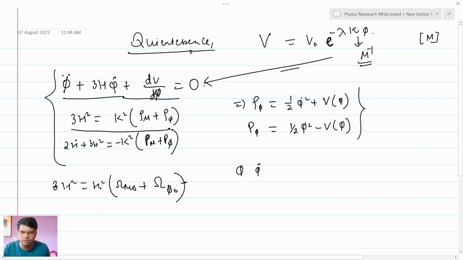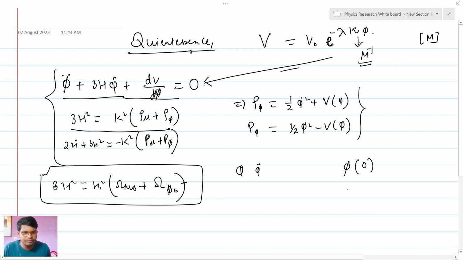With some kind of function, it will try to predict my H0. But the problem is that you have a second-order differential equation, and figuring out phi 0 and phi dot 0 is very tedious work, right?